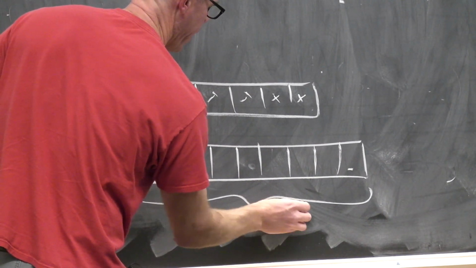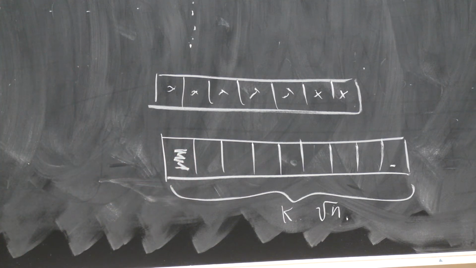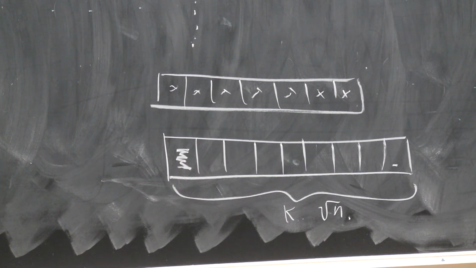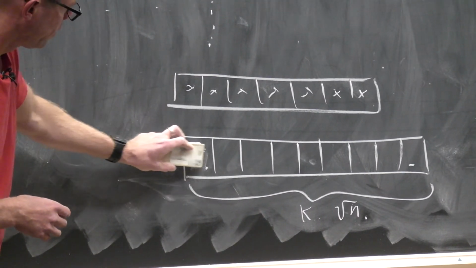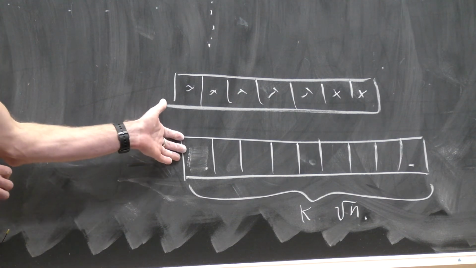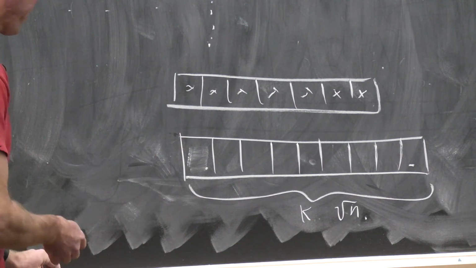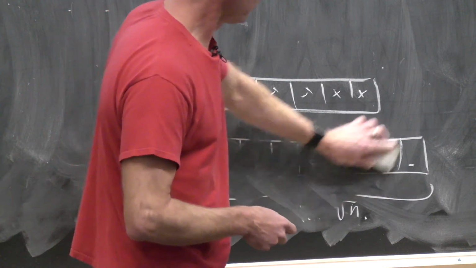This is about square root n. And I add the new thing here. And now I remove something. In fact, I remove this thing that I just added. Well, according to this then, this last array is empty, so I should delete it. So I do that. I go through all the effort of deleting this thing.